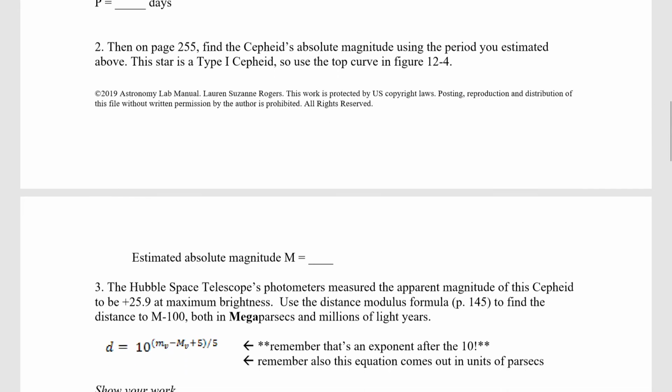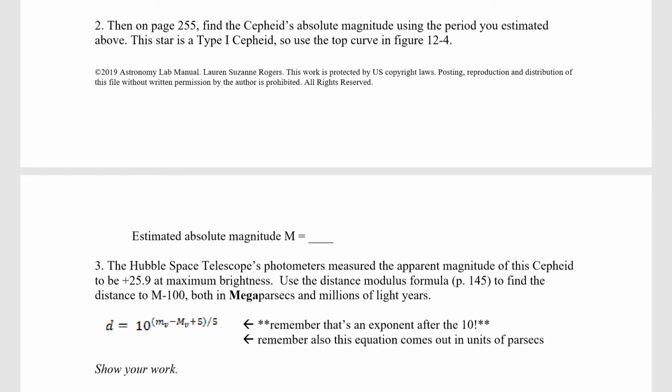Then on point number 2, you use the period-luminosity relation. That's on page 255 in Seeds as well. In fact, without this, you can't do this lab, but it's very simple. You have to realize that the Cepheids we're looking at in M100 are type 1, and so you use the top curve in figure 12.4. That's real easy.